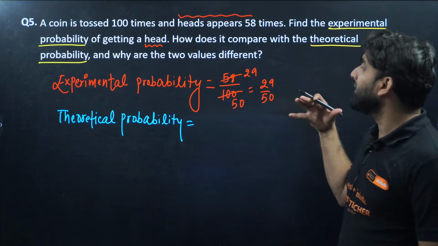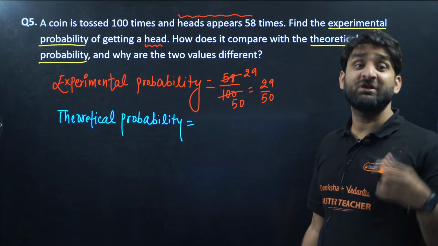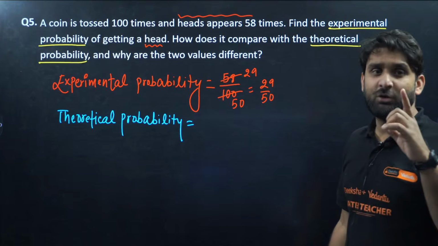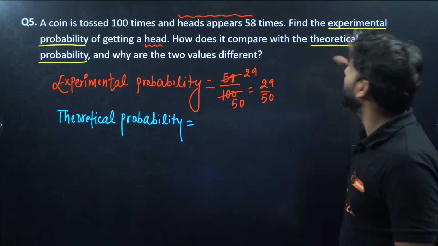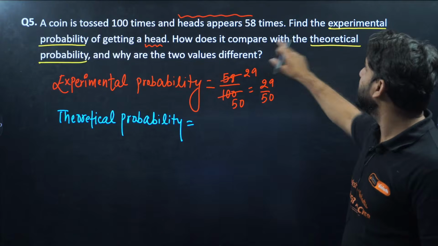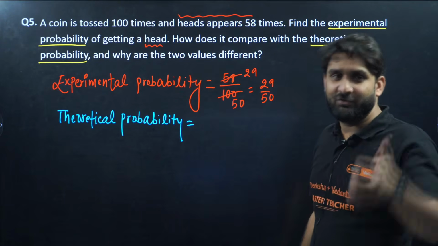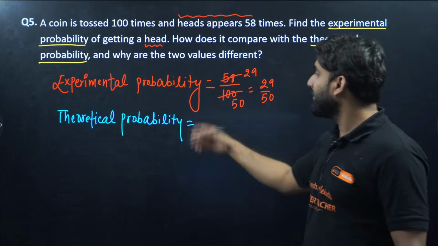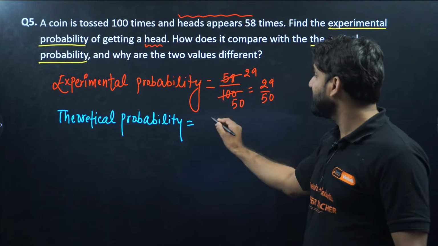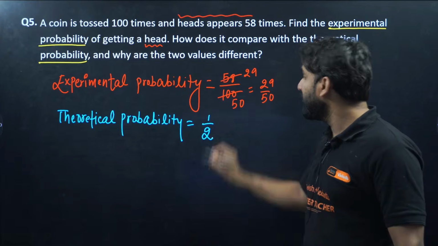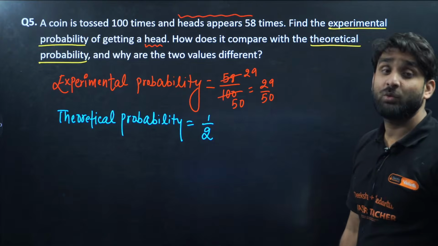When we consider one single coin, that is basically theoretical probability. We are talking about head. When we toss a coin, what will be the probability of getting a head? That is equal to 1 by 2, and 1 by 2 means what? That is equal to 50%.